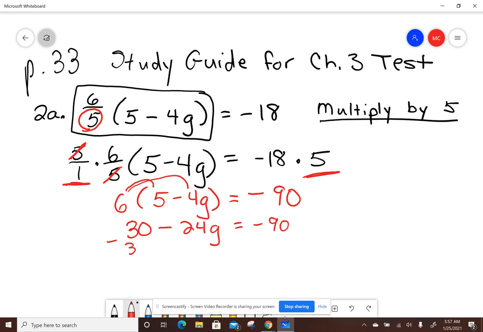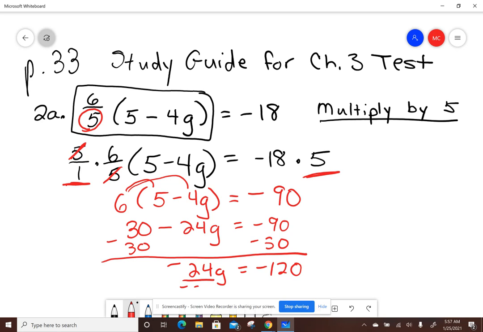I'm going to subtract 30 from both sides. Careful to bring down the negative. So negative 24g equals negative 120. Divide by negative 24 on both sides. And I get g equals 5.